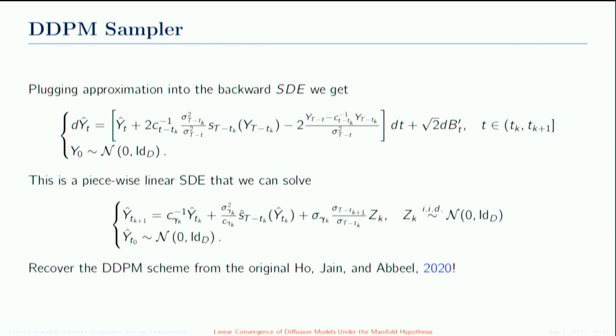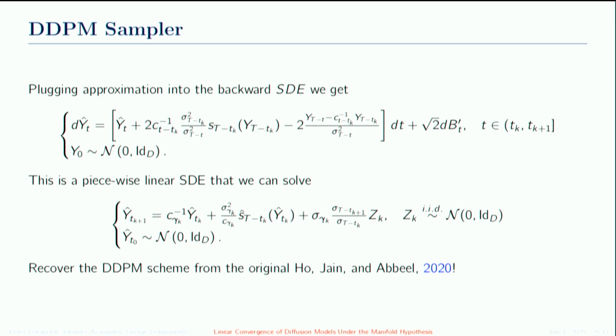So essentially, we get a different score approximation that serves the purpose of being plugged into the backwards SDE. It's a piecewise linear SDE, so we can solve it using similar techniques to the standard one. And now the question is, is this some sort of strange scheme that no one is using?